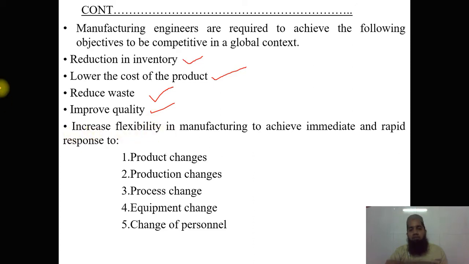Increase the flexibility in manufacturing to achieve immediate and rapid response. In that, first we have product changes, then production changes, process changes, equipment change, and change of personnel. We can achieve this by use of different types of processes.